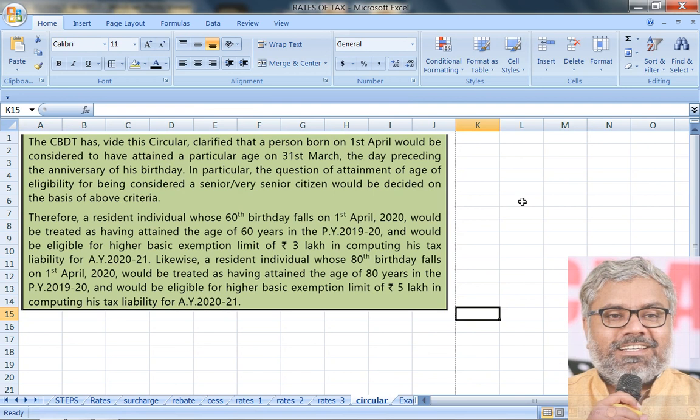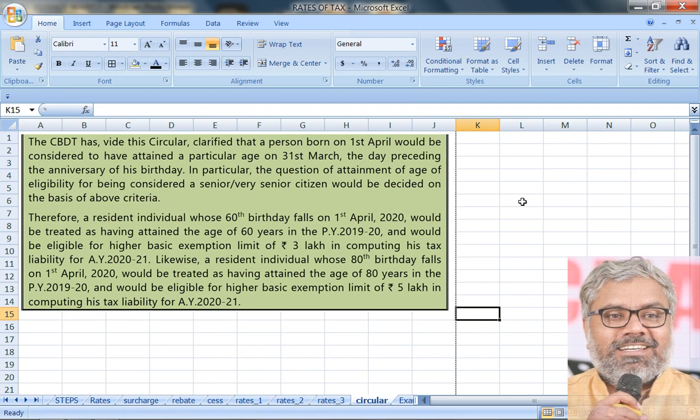Entering into the 60th year is the 60th birthday, so that will be considered as a senior citizen if anybody is having a 60th birthday during the previous year. Normally that's okay, but in this special case we are talking about, there will definitely be a few thousand people in the entire country who will have their birthday on 1st April.